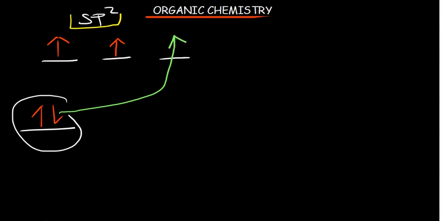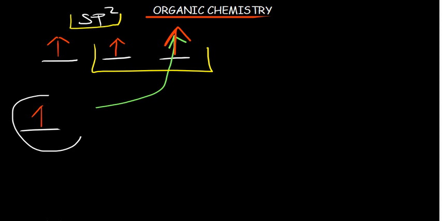Now we get this part and this part, and what will form is sp, how many orbitals? 3 orbitals. These are going to be called sp2 because we have 2 p orbitals and a single s orbital.